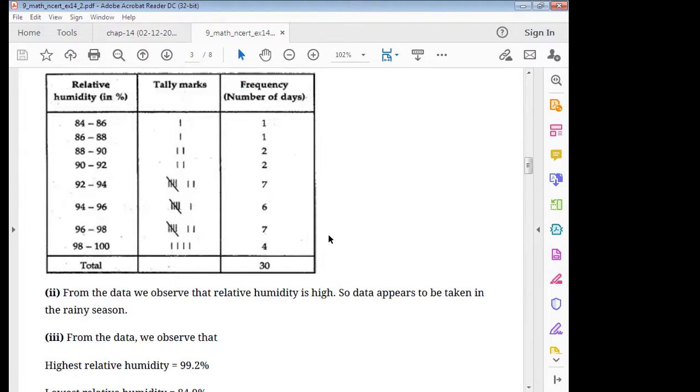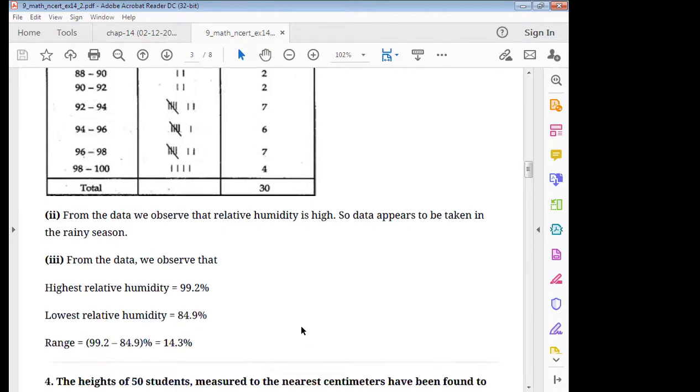From the data we observe that the relative humidity is high, so the data appears to be taken in the rainy season. Understand? Similarly, you can give the answer to the rest of the questions asked here, right?